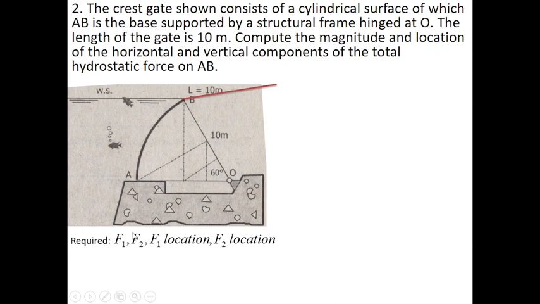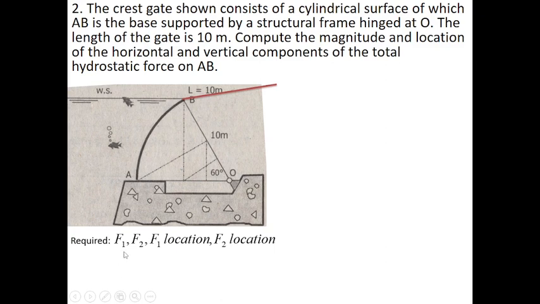So we are going to determine F sub 1, which is the magnitude of the horizontal component of the total hydrostatic force on gate AB. Then F sub 2 is the magnitude of the vertical component of the total hydrostatic force on AB. Then F1 location, then F2 location.